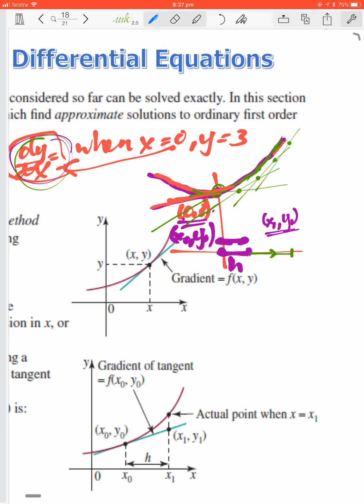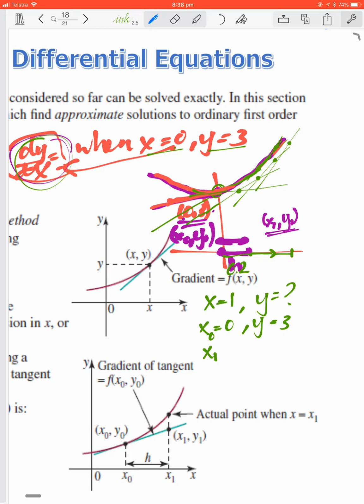And eventually, if I said to you, when x equals 1, what does y equal? Well, if we used h values of 0.2, we would first go from x0, which is x equals 0, and y equals 3.